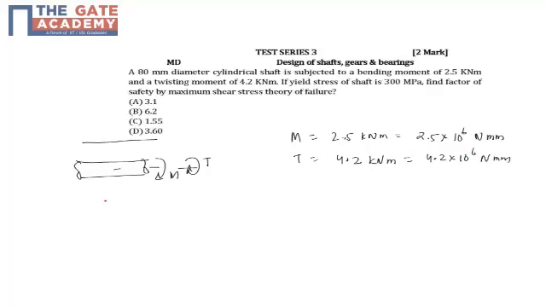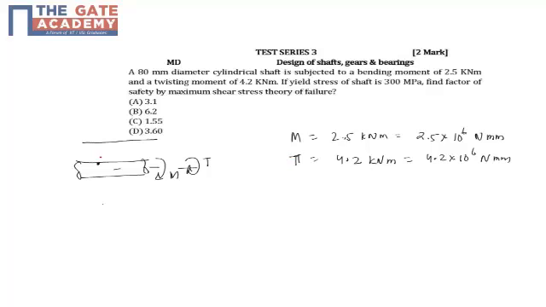Now if you look at the critical point, due to the bending moment at the top of any cross section, there will be the maximum normal stress, and due to the torque, on the periphery there will be a maximum shear stress.